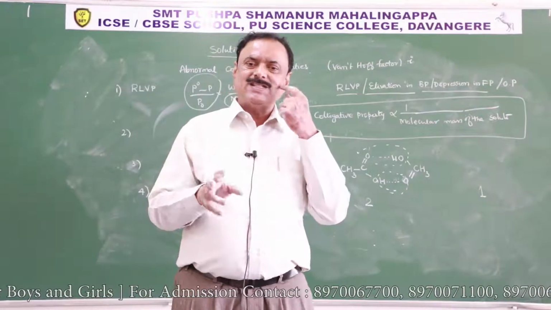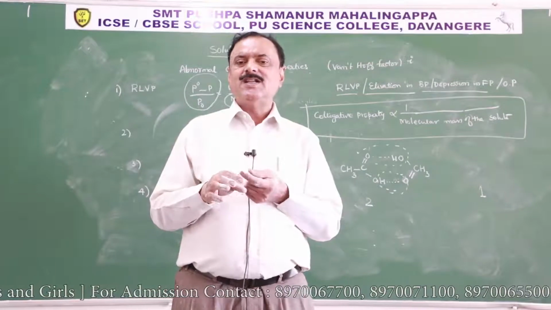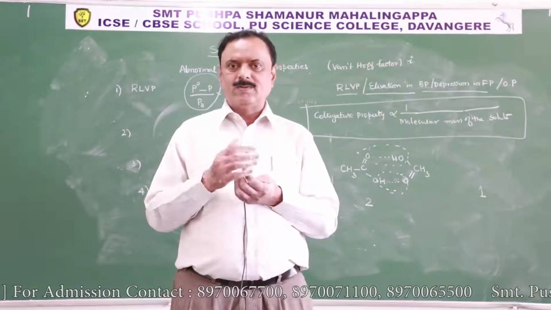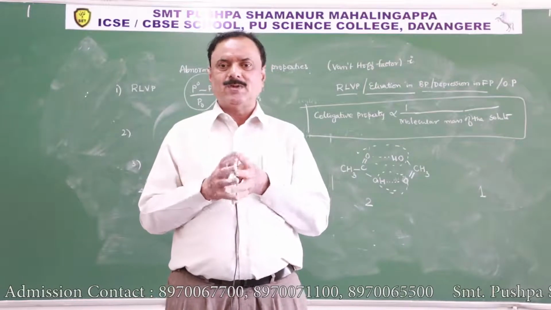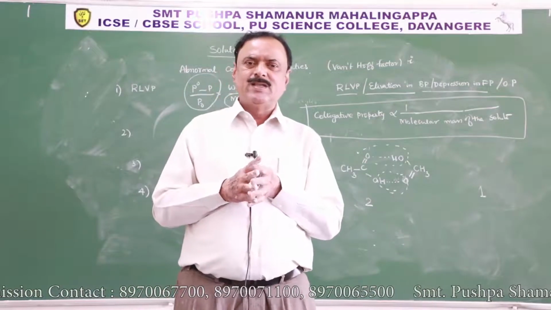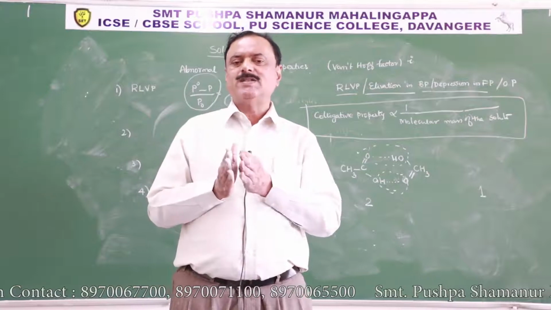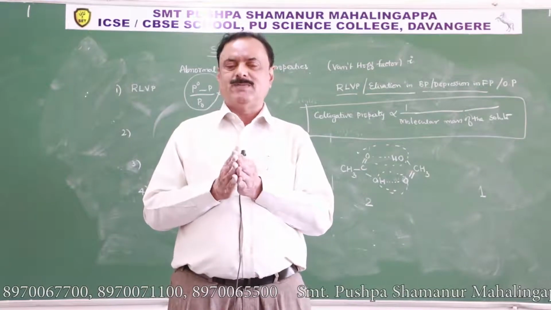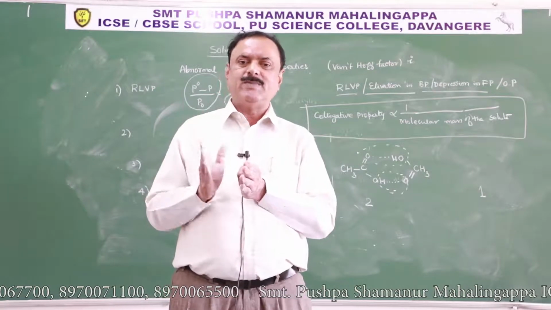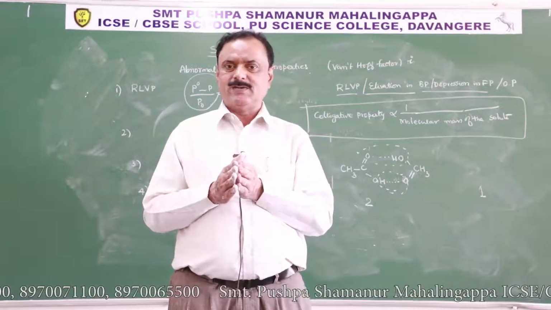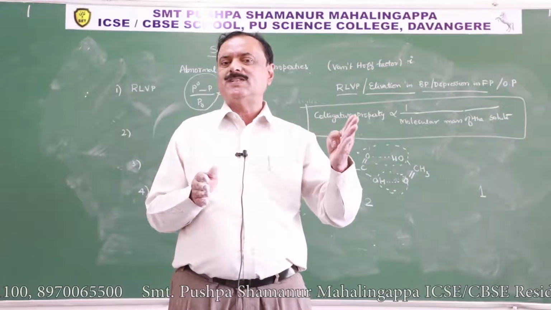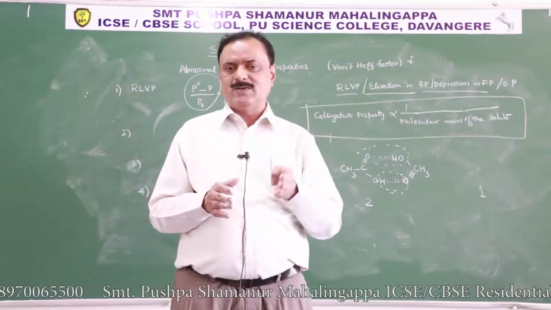But in case of acetic acid and benzoic acid, the molecular mass obtained by colligative property measurements is twice the calculated one. Therefore, when you determine the molecular mass by the experimental method, by means of elevation of boiling point or depression of freezing point, whatever it may be, the obtained molecular mass does not coincide with the theoretical or calculated molecular mass.